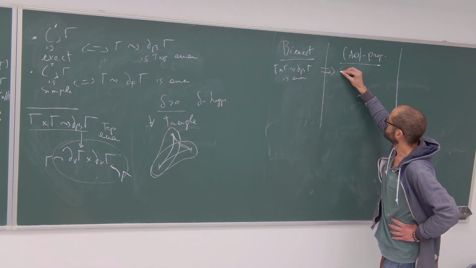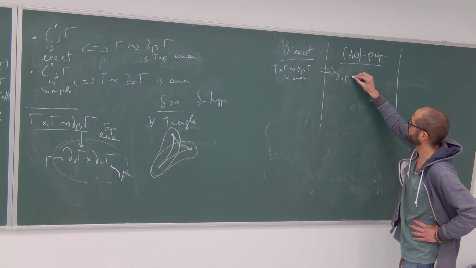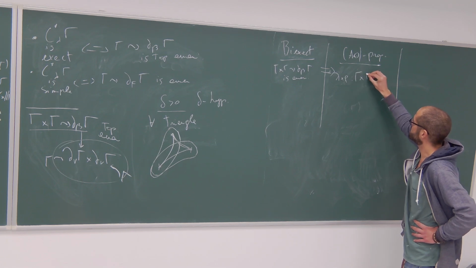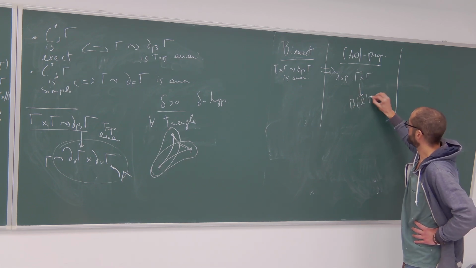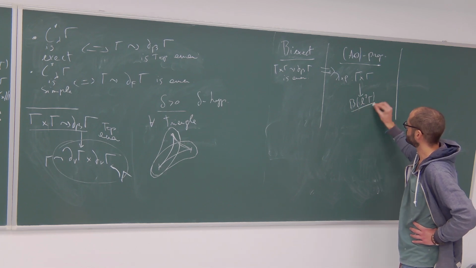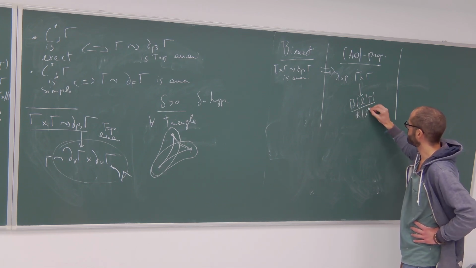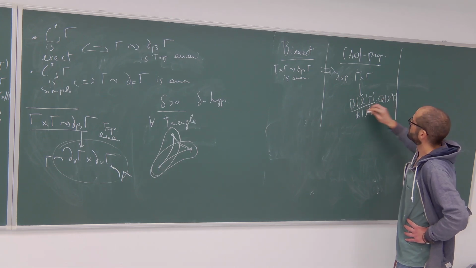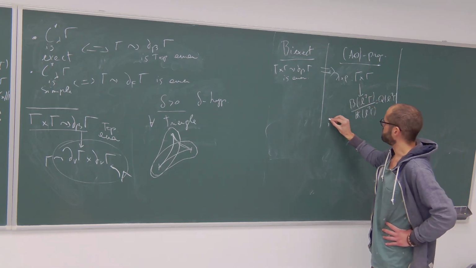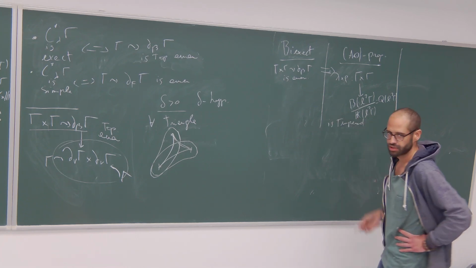That is the fact that whenever you take now lambda times rho as a unitary group representation from gamma times gamma to what is called the Calkin algebra, so the bounded operators on the Hilbert space quotient by the compact operators, this is called the Calkin algebra. This is a tempered representation, so it factors through the reduced group C*-algebra.